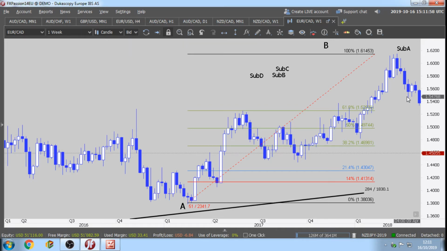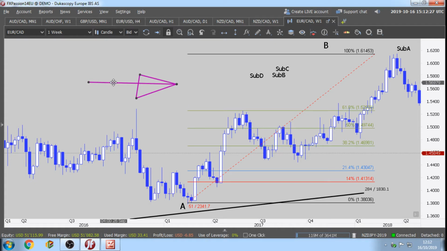If an uptrend, an A is the starting point of an uptrend, what is the sub A? Where is the arrow?